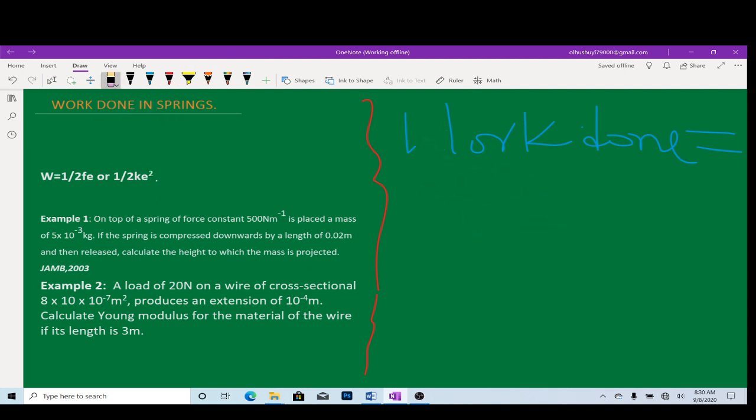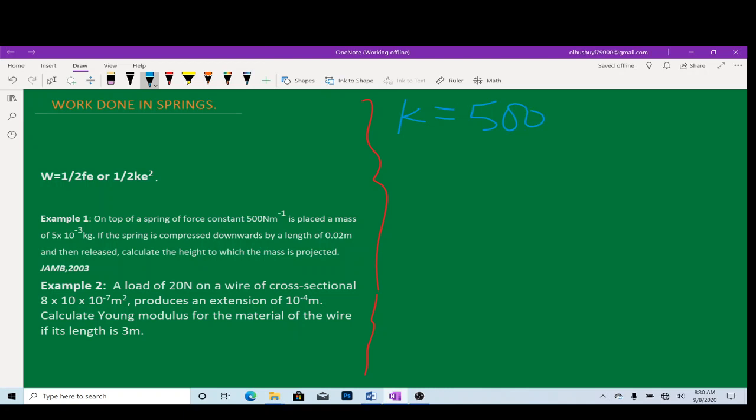The next thing we'll do, like I've always said, I've always been an advocate of detailed explanation and detailed solution. And how do you have a detailed solution? You write out the parameters. So the first one, on top of a spring of force constant, our K, the force constant is 500.